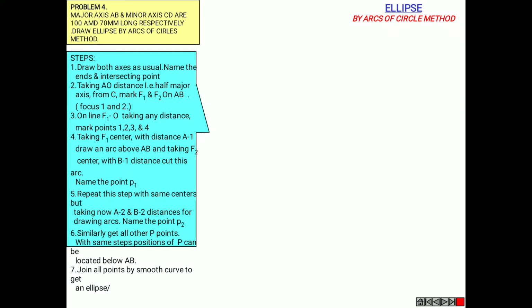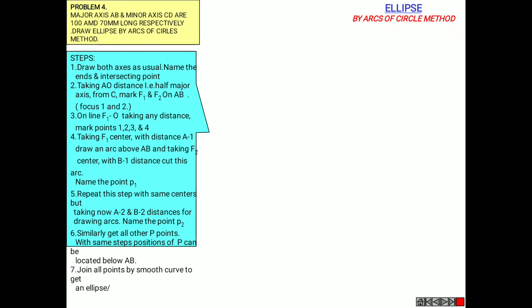The steps involved are: the first one is to draw both axes as usual and name the ends and intersection points. The second step, taking AO distance, therefore half the major axis, from C mark F1 and F2 on AB. That's called focus 1 and 2.